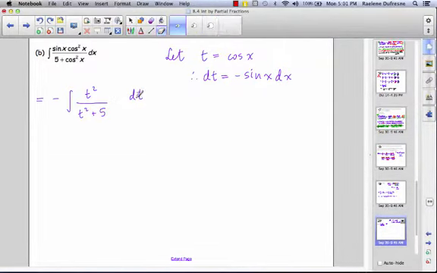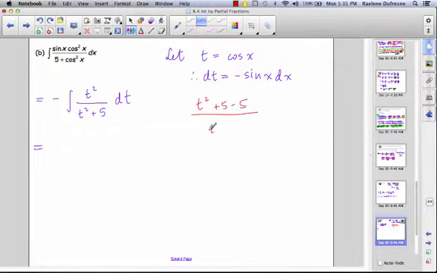And so I have a rational function now, and I notice it is improper, because the degree of the top is the same as the degree of the bottom. At least it is not less than the degree of the bottom. So I'm going to break this apart. Again, t squared plus 5 minus 5 can be what I rewrite the numerator as. And so I can do some regrouping in the top and get 1 minus 5 over t squared plus 5.